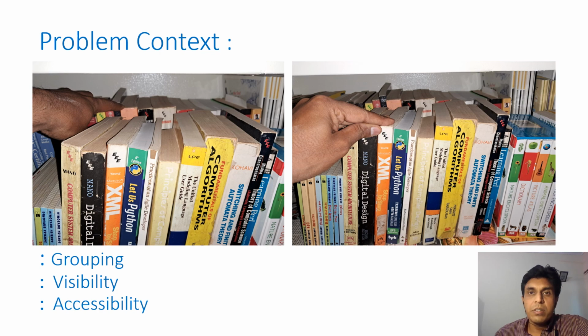In the first layer, I can see the books' names, and if I take a book out from the first layer, then only I can see the back layer books, because they are hidden behind the first layer books.